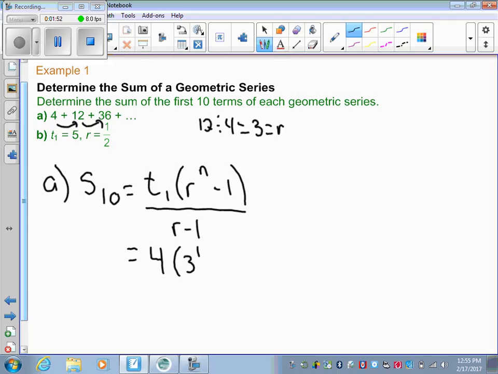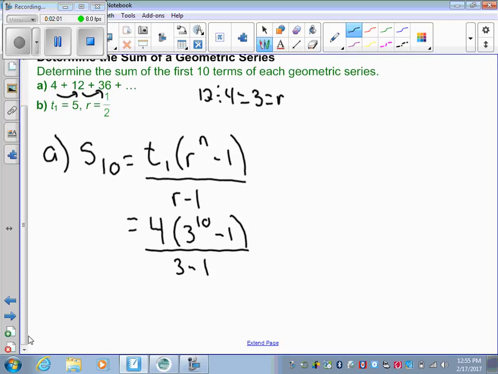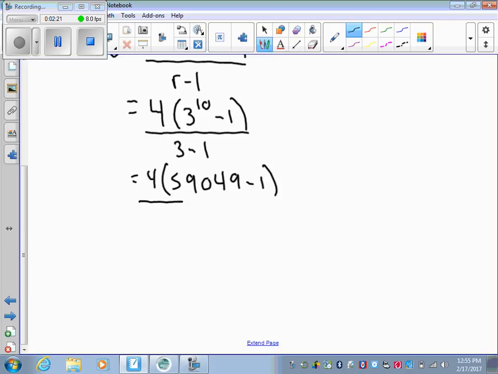And they're looking for 10 terms. Three to the power of 10, subtract 1, all divided by 3, take away 1. We keep going, and if you're doing it piece by piece, for this one I will show the piece by piece work. So 3 to the power of 10 equals 59,049, subtract 1, all divided by 2.